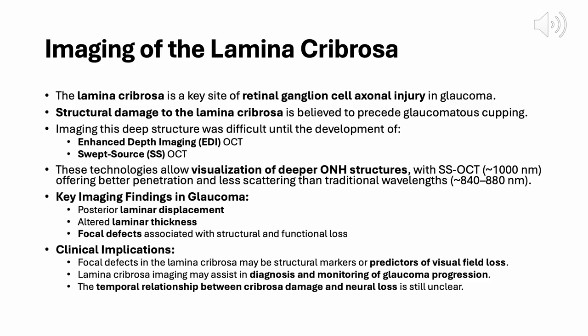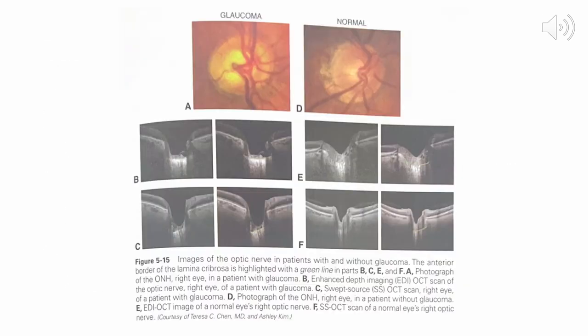Imaging of the lamina cribrosa could play a valuable role in diagnosing and monitoring glaucoma progression. However, the temporal relationship, whether damage to the lamina leads to neural loss or vice versa, remains an area of ongoing research.